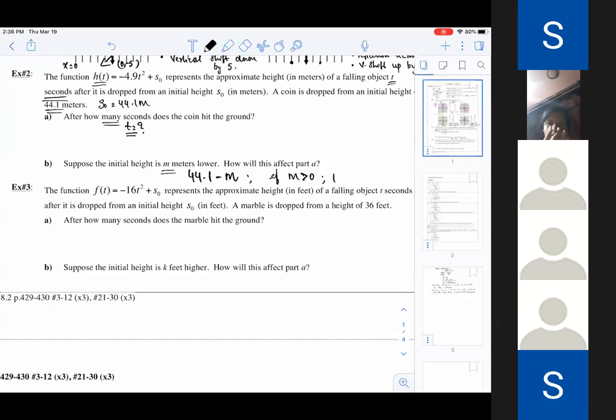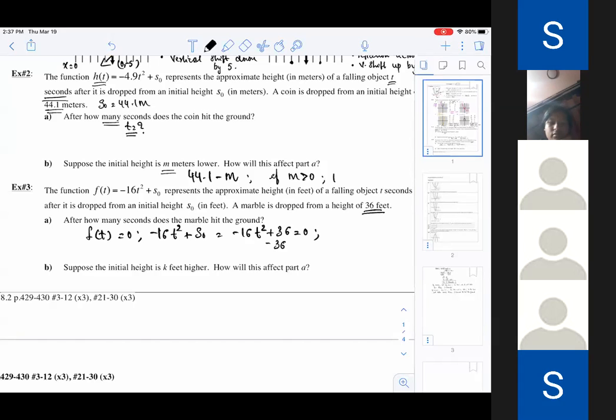Okay. So after how many seconds, that means f of t is going to be 0, which means -16t squared plus s0, and s0 is 36, is equal to 0.